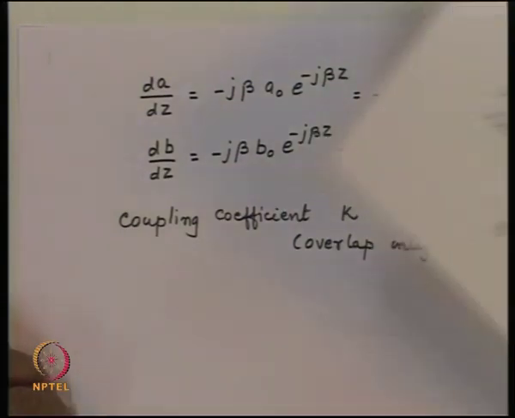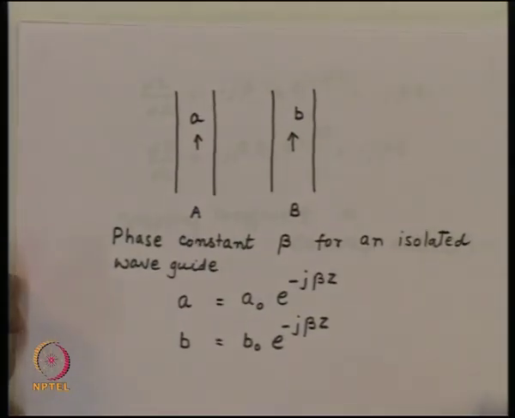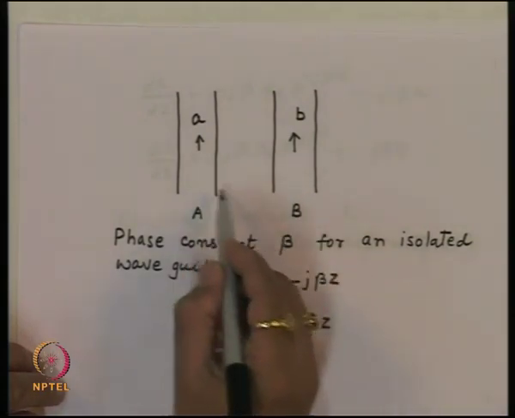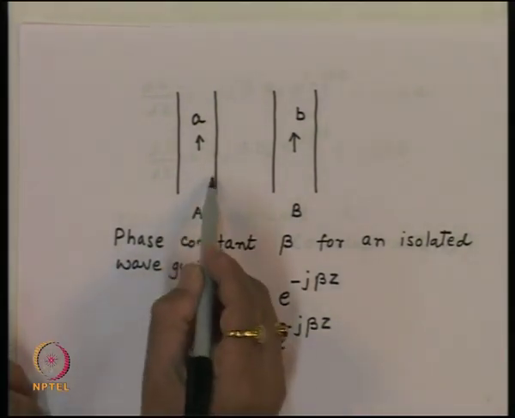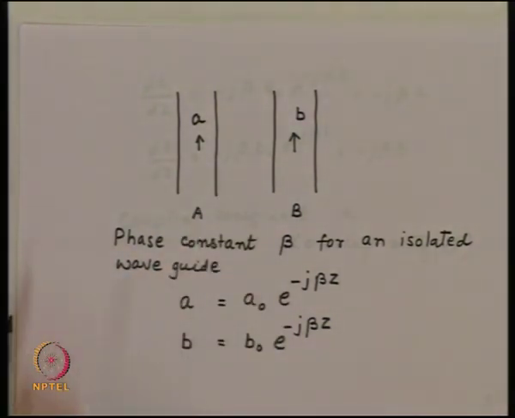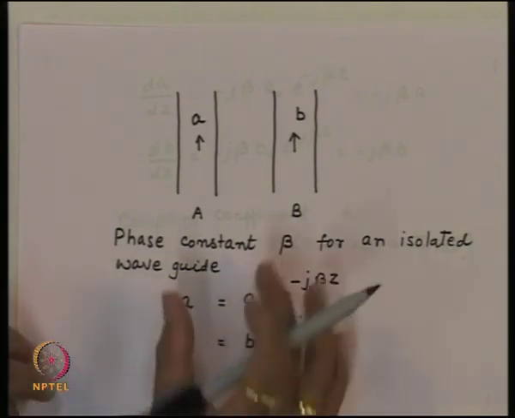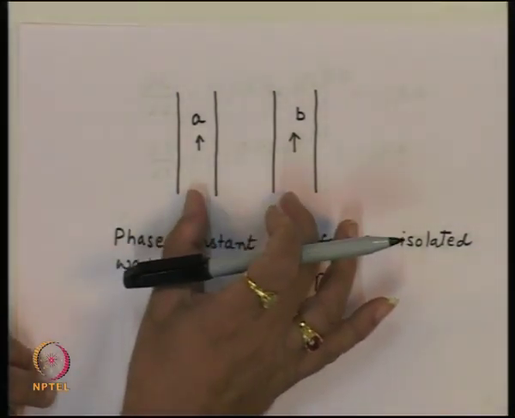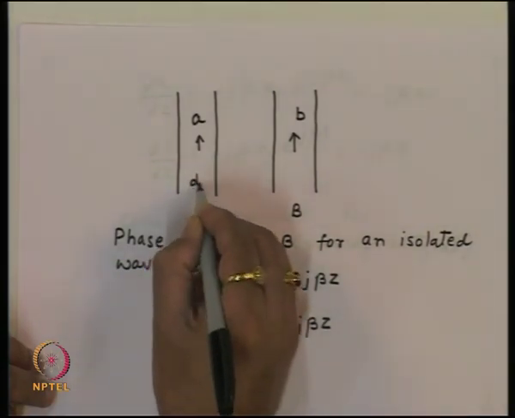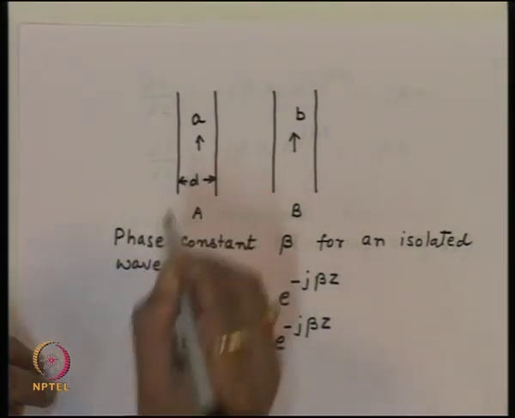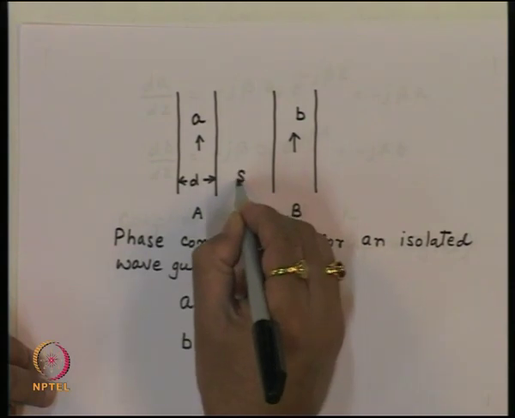Now, as we know from our analysis of optical fiber, the field distribution which is going to be there in this region depends upon many parameters. It depends upon the width of this waveguide. It will depend upon the size of this waveguide. It will also depend upon the spacing of the waveguides.